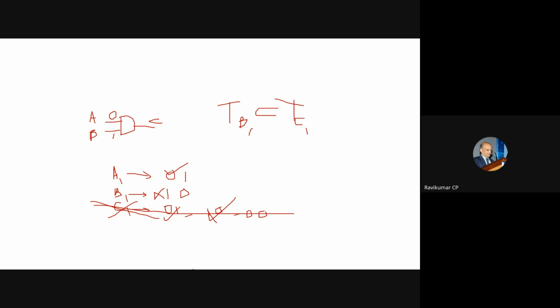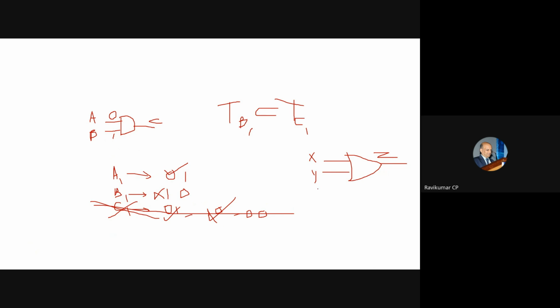Now you try this. Suppose I give you an OR gate. Suppose I call this X, Y, and Z. Which one is a dominant fault here?